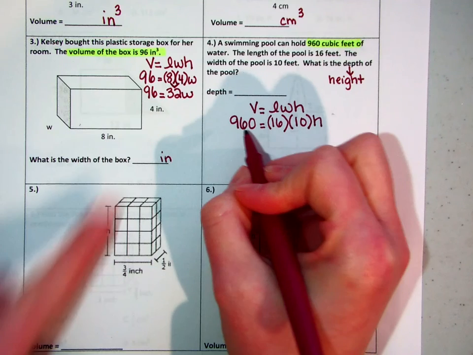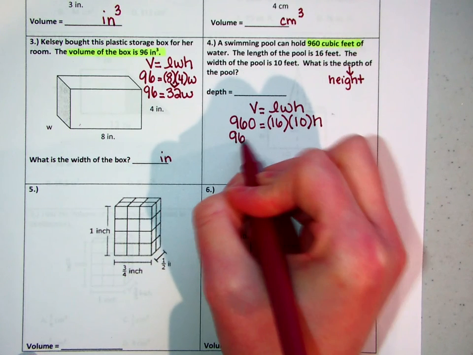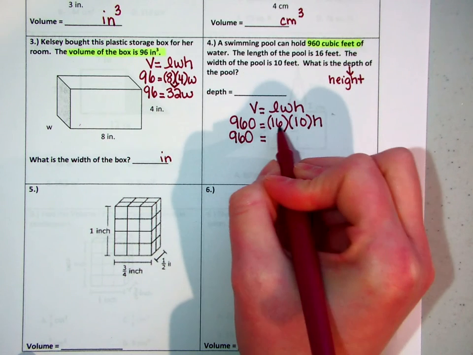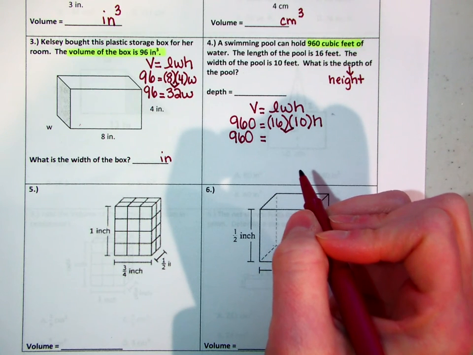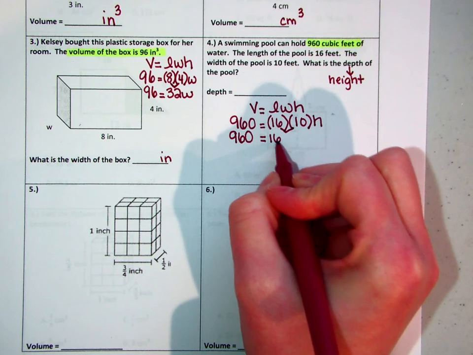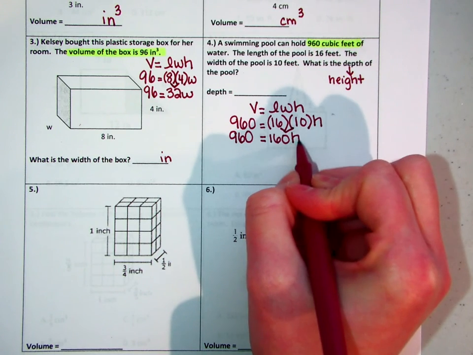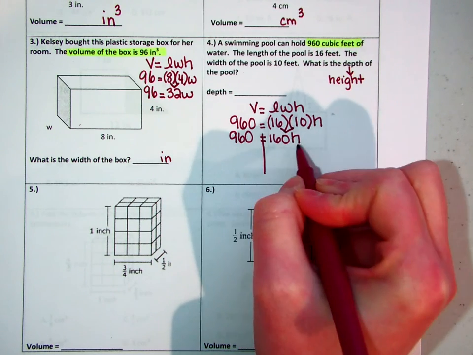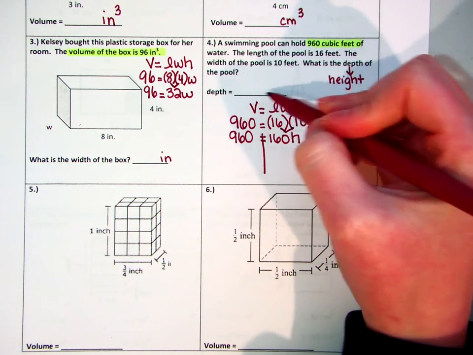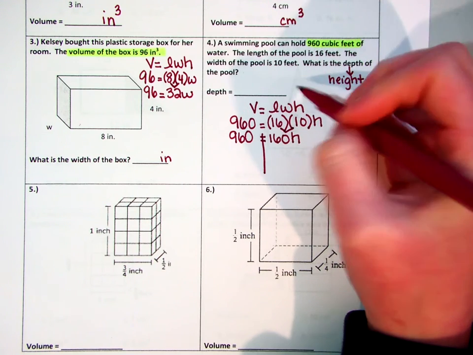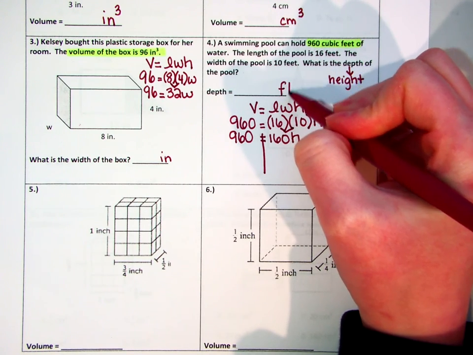We're going to do the same thing we did over here. I still have 960 on this side of my equation. The product, 16 times 10. That's the answer to a multiplication problem, the product. 160 times h. Now, get that h all by itself. Okay, inverse operation. And remember, this is not going to be in feet cubed. It's just going to be feet.